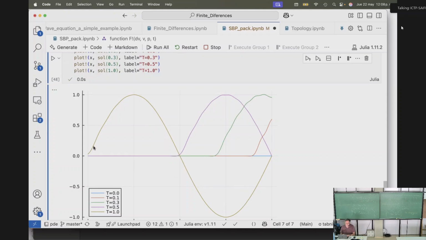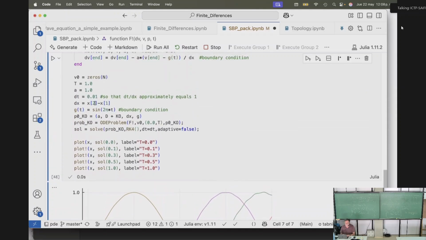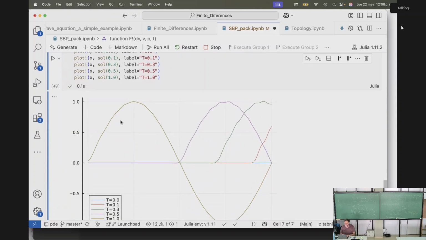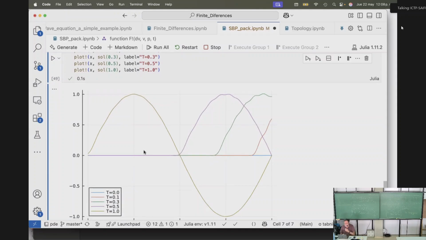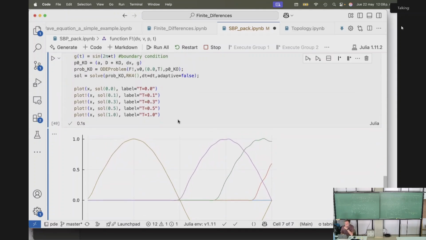And here you see it's more or less okay. So I can take a smaller delta t, say 0.1, much smaller. And here you see, this should be better.